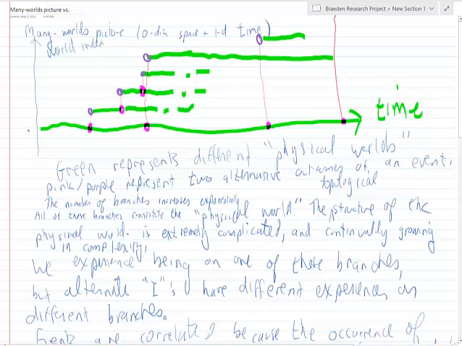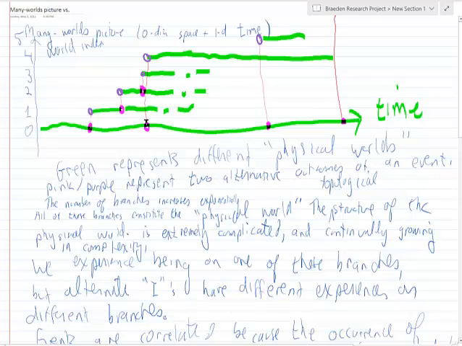Okay, so this is a sheet. I can call this line 0, line 1, line 2, line 3, line 4, line 5, and of course there are going to be many, many more lines farther. So green represents different physical worlds, okay, and pink and purple represent 2 alternative outcomes of an event.